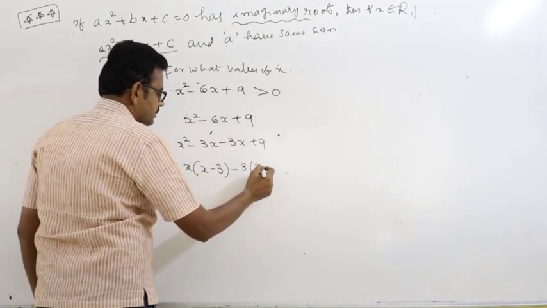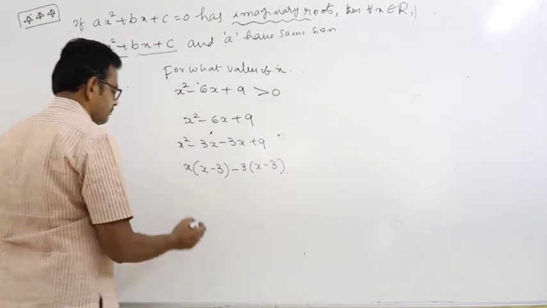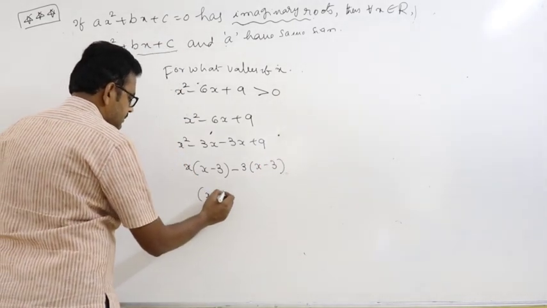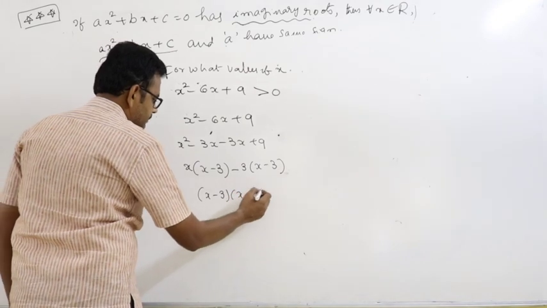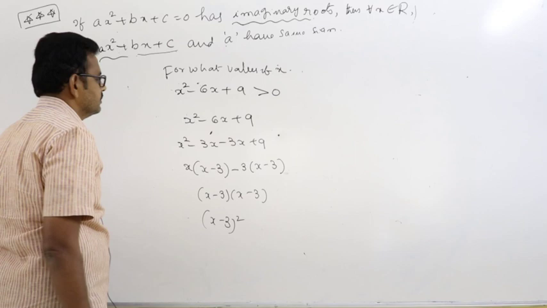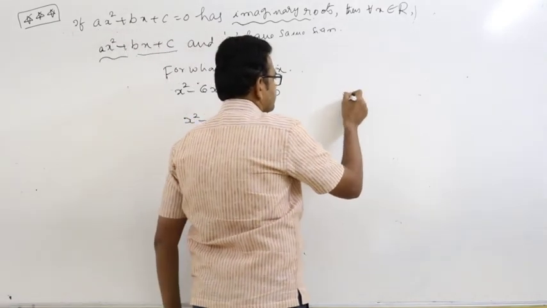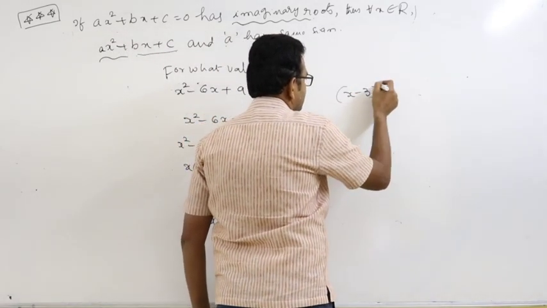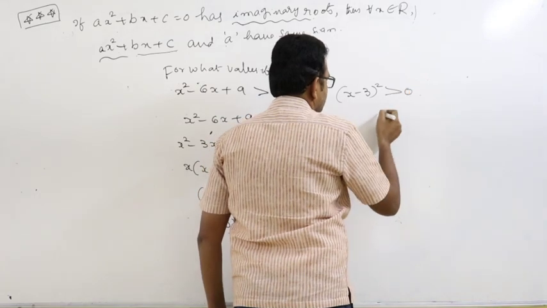Minus 3 common, x minus 3. So x minus 3 into x minus 3, that is x minus 3 whole square. So now the question is, x minus 3 whole square is greater than 0 for what values?